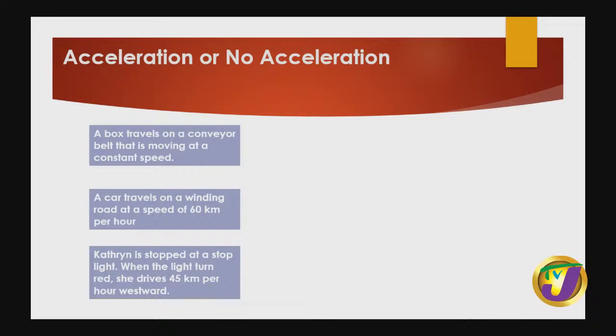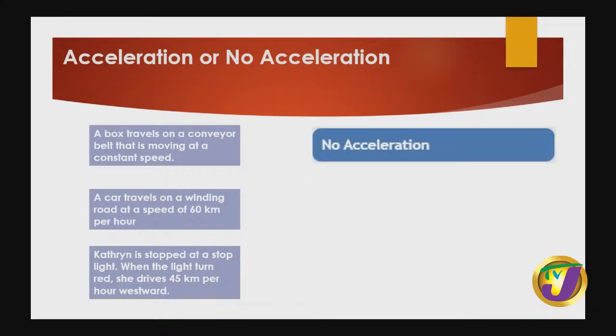I'm visualizing the box going on the conveyor belt, and most times the conveyor belt is moving in a particular direction, at a constant speed. So is there any acceleration there? Because the speed is constant, then there's no acceleration. It's just constant, steady speed.